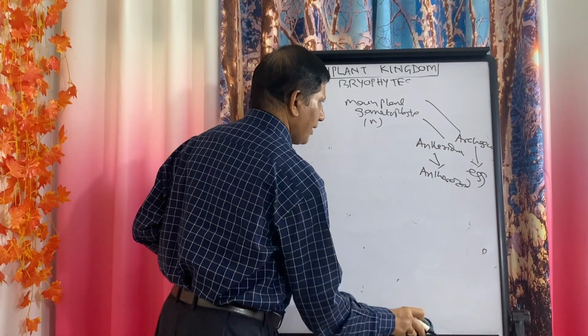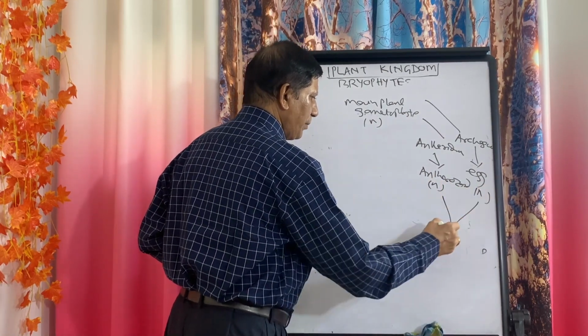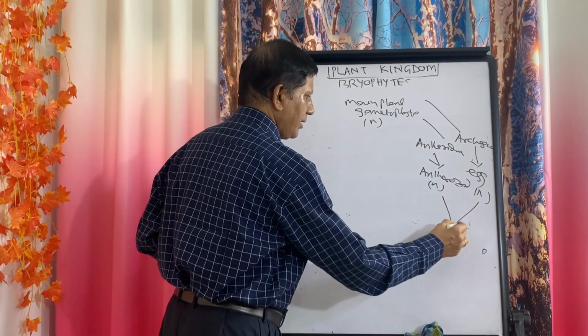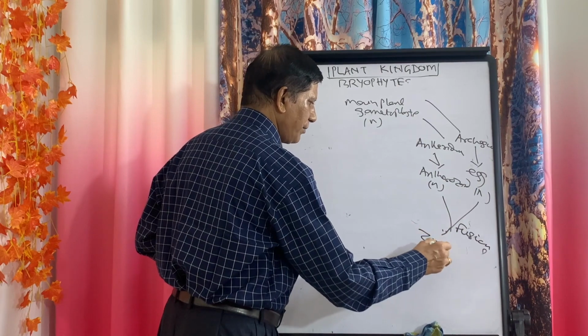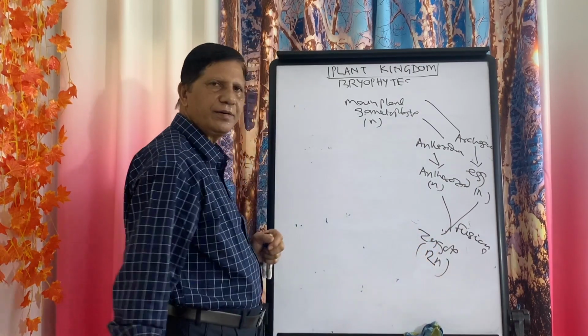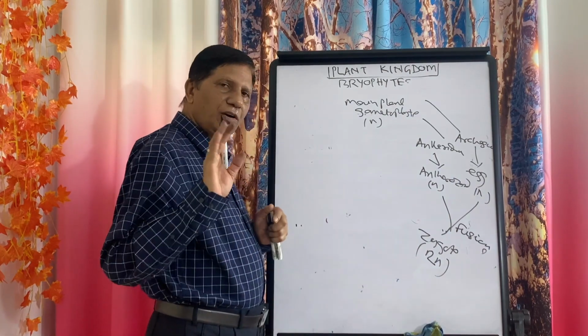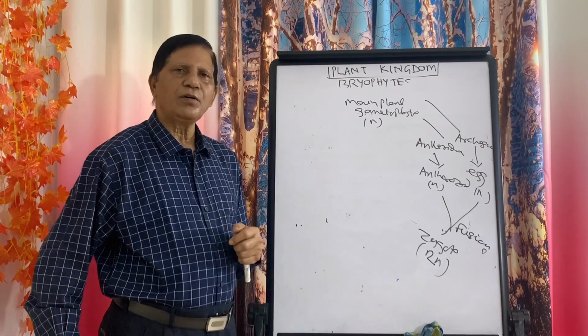Now these are all haploid. Now there will be fusion, or fertilization, and the zygote is formed. So now the zygote is 2n diploid. Now the zygote will not undergo meiosis just like that of the algae. Why doesn't it undergo meiosis?